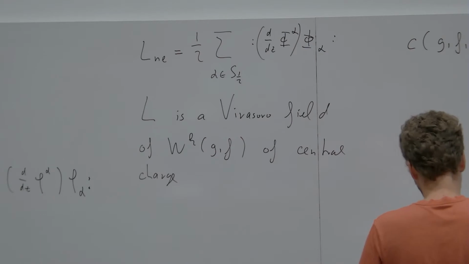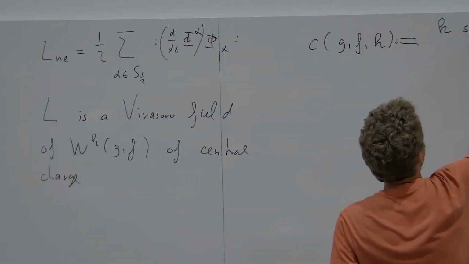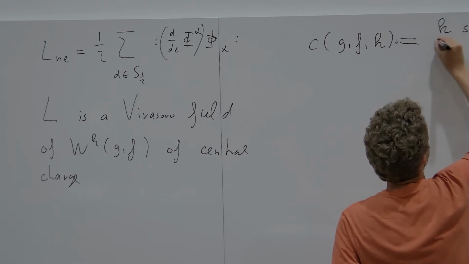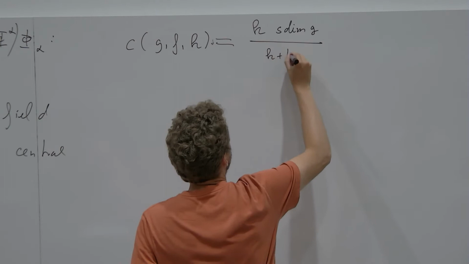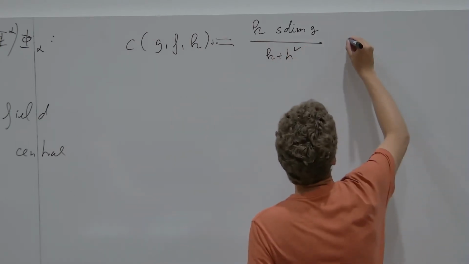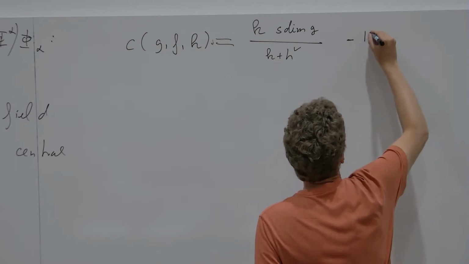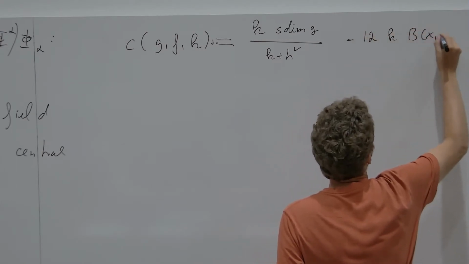And it's the central charge of the affine vertex algebra, which is given by the superdimension of the Lie algebra, times the level, divided by the shifted level. Then this derivative of x gives a correction depending on the norm of x.